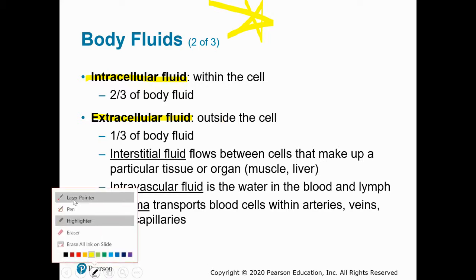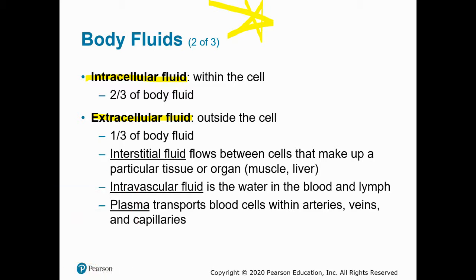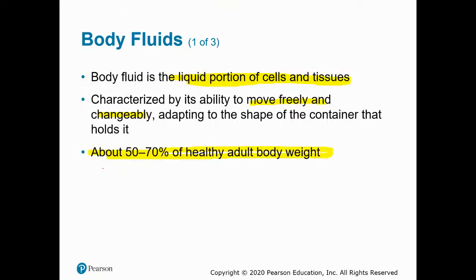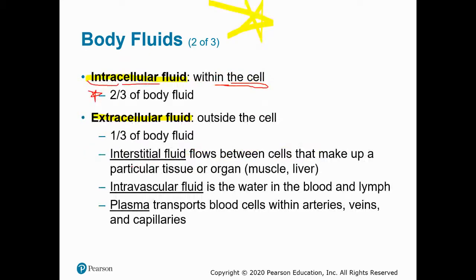Intra means something that's inside of something. So intracellular means it's inside of a cell. So intracellular fluid is fluid that's inside the cell. And this makes up the majority of the fluid in our bodies. Of this 50 to 70% of our body weight being fluid, 2/3 of that fluid is found intracellularly, inside of our cells.